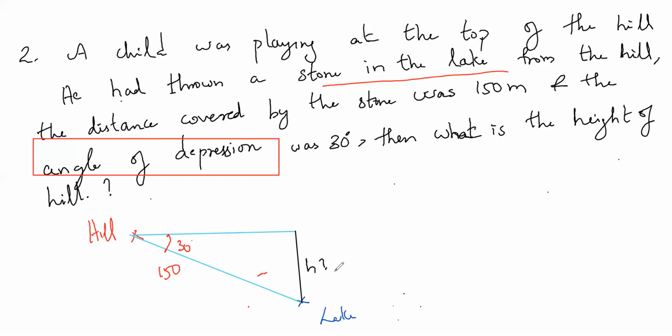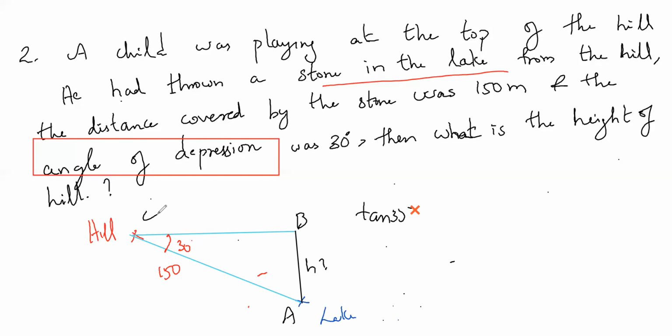Correct. Here, if I'm using tan 30, it will be what? Opposite side by base. Both of the things are not given. So tan 30 I cannot use here. And one important thing, we have to name this thing ABC. Hypotenuse is given.